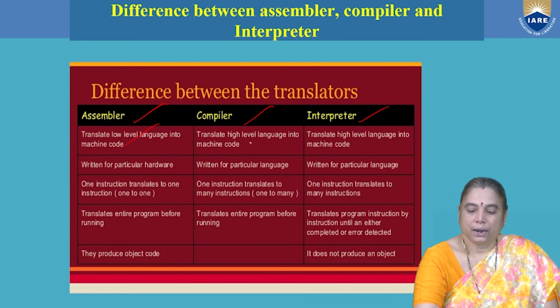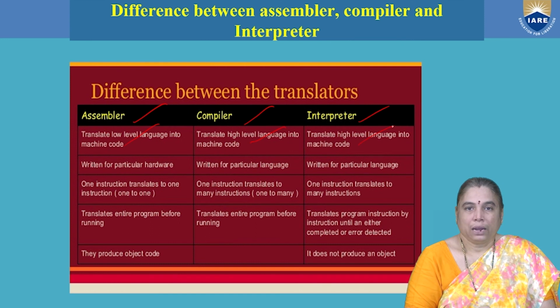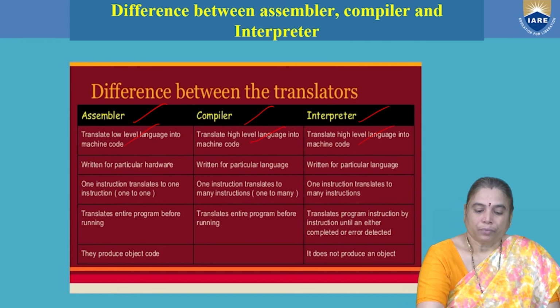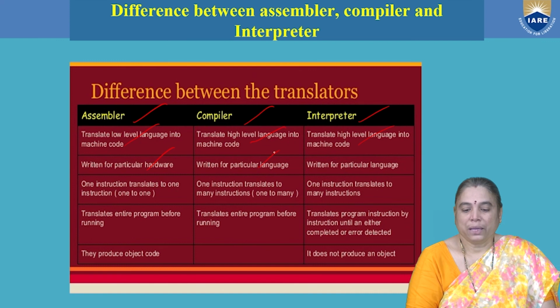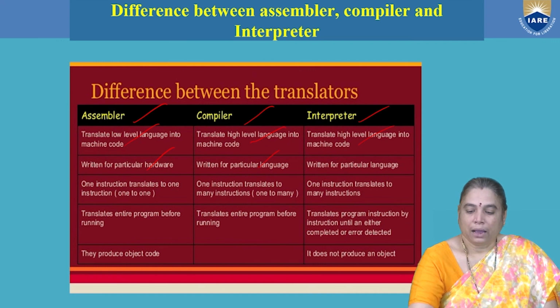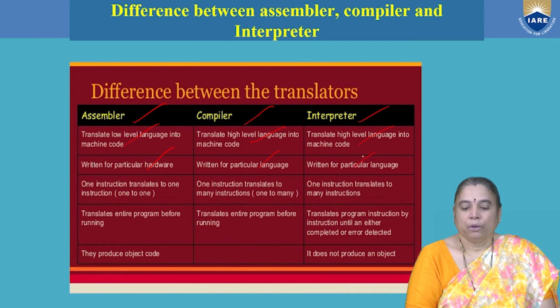But compiler and interpreter take high level language as input and convert it into the machine code. The assembler is dependent on the hardware, and it has to be written by using particular languages, and the interpreter can also use a language.